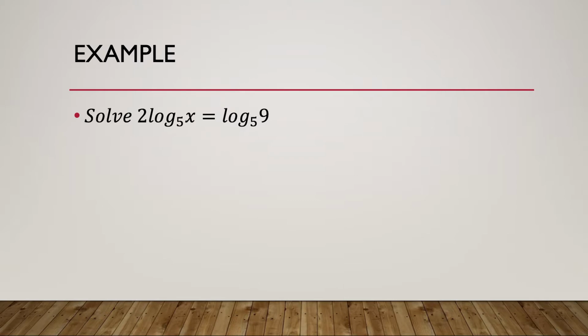But I can use a property. Remember that we have a property that says that numbers sitting out in the front of a log can be written as exponents. So I'm going to do that first. I'm going to take this left-hand side and I'm going to move that 2 back up and make it an exponent.